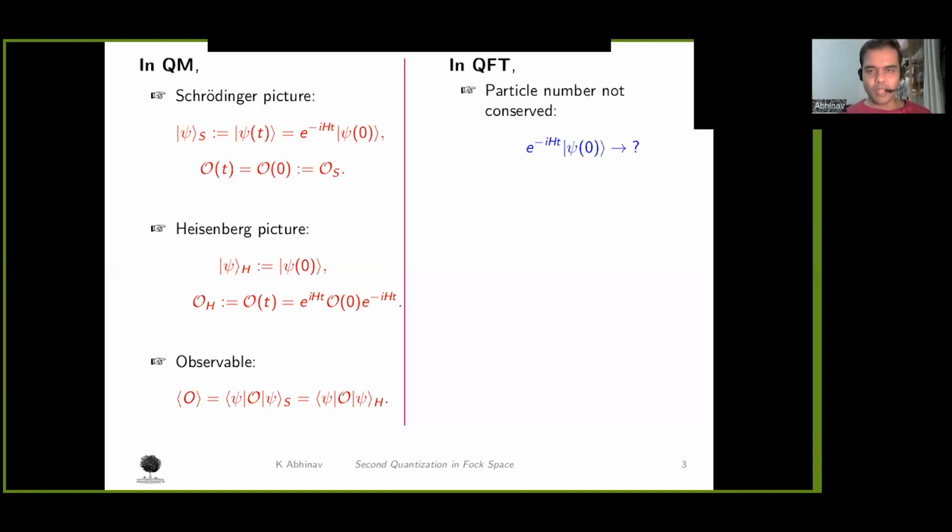But when the number of particles is not conserved and particles can get created or annihilated, the Schrödinger picture has a problem. Namely, the state in quantum mechanics represents a definite number of particles. So how do you explain a time evolution under which the number of particles changes? However, the Heisenberg picture, which follows from the Heisenberg equation, does not have that problem, because the number of particles or different species of particles results from an operator acting on a state.